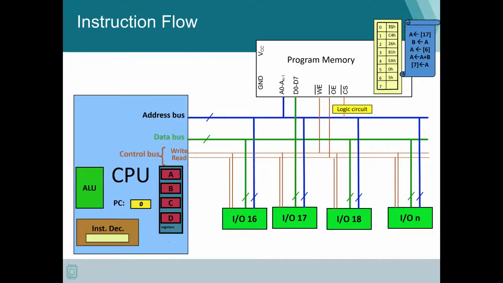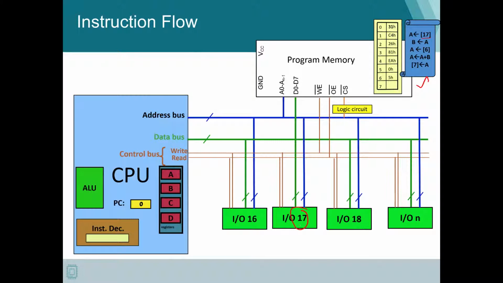Now we are going to see another detailed view of the instruction flow. Here we have our assembly code, but this is kind of a pseudo assembly code. The idea is that we take the value from this memory location, which is nothing but an input output, but referenced as a memory location.